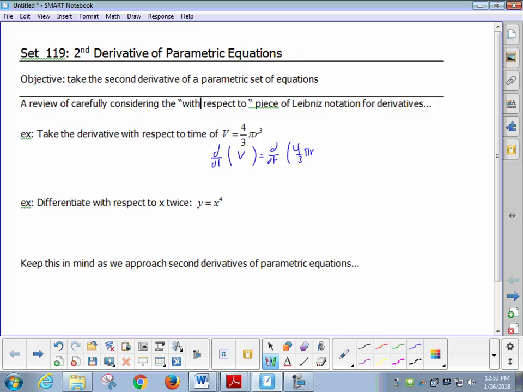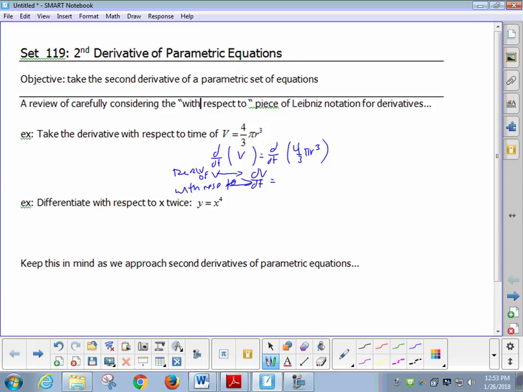So that when you say dV/dt, yeah, okay, on one level, it's differential, small change in volume with respect to small change in time, but it also communicates you took the derivative of what? V, and this denominator really communicates something else: with respect to.